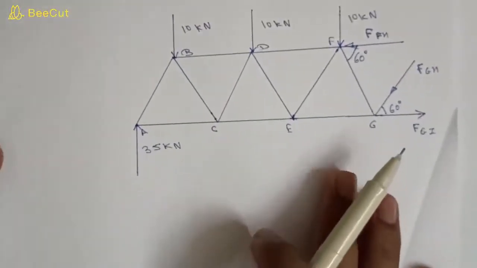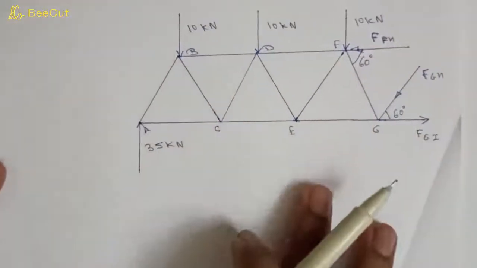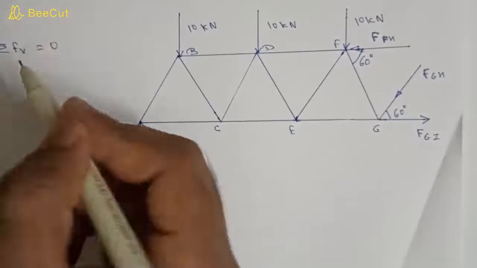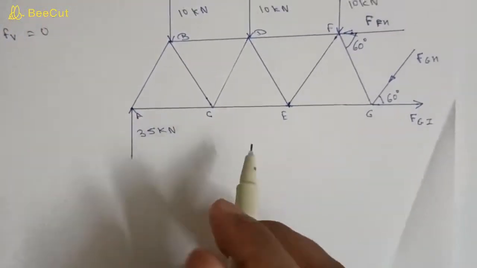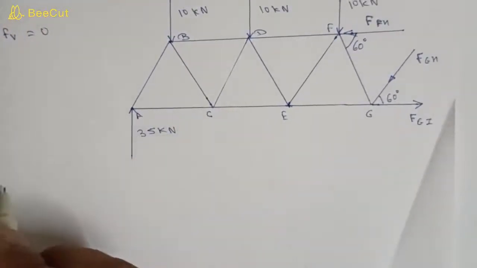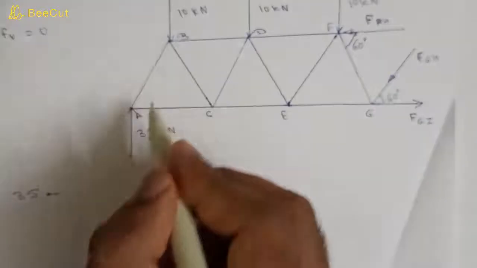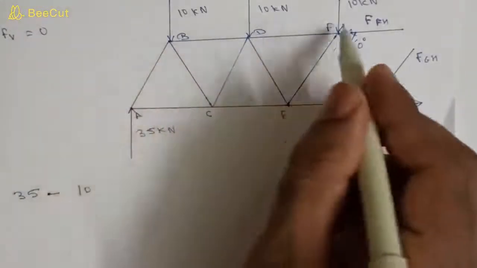In this portion also it is in equilibrium, so sum of all the vertical forces should be 0. What are the vertical forces? You can see here 35 kilonewton is upward, so 35, and we subtract downward forces, minus 10 into 3.